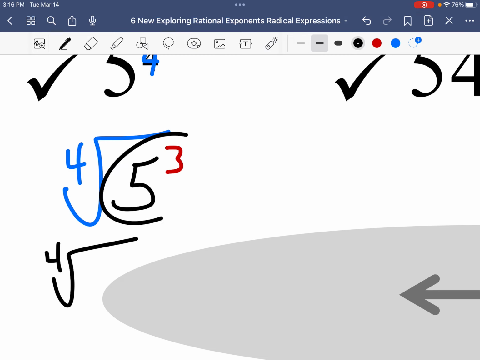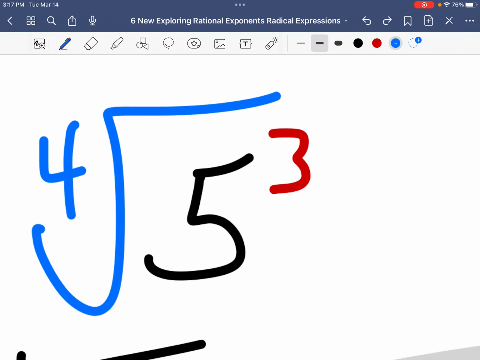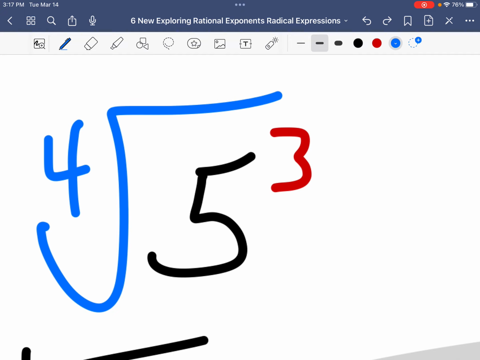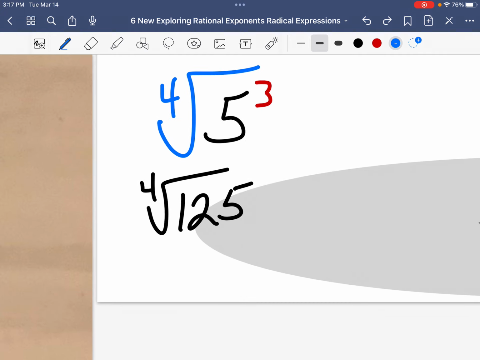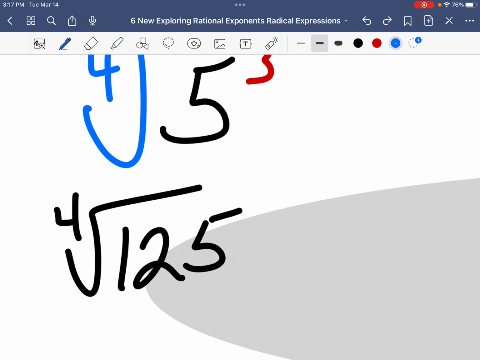I think we can do 5 to the 3rd power. That'd be like 5 times 5 times 5. That's 125. But I don't know if I can find 4 numbers that give me 125. Not 4 numbers that are integers. So we can just stop there. We can rewrite this as either the 4th root of 5 to the 3rd power, or we can even simplify it to the 4th root of 125.